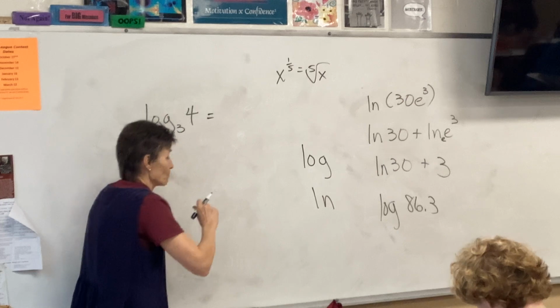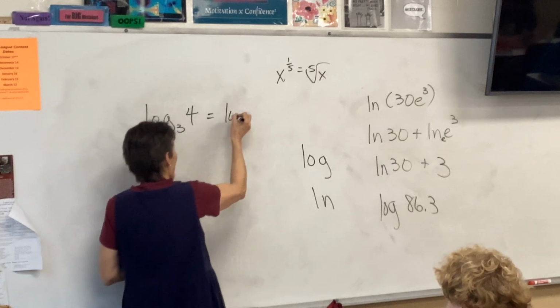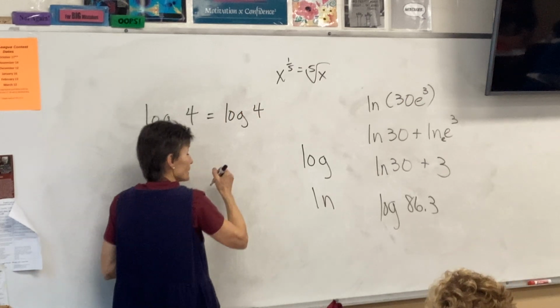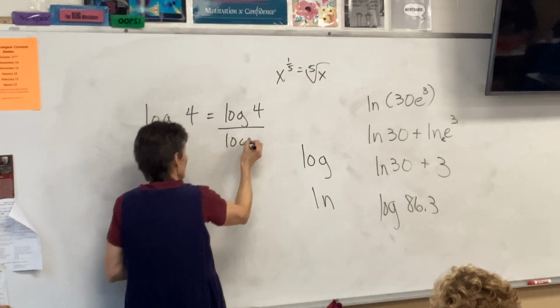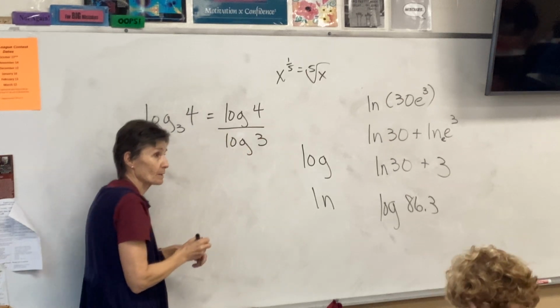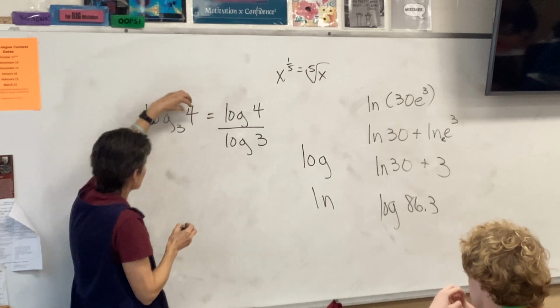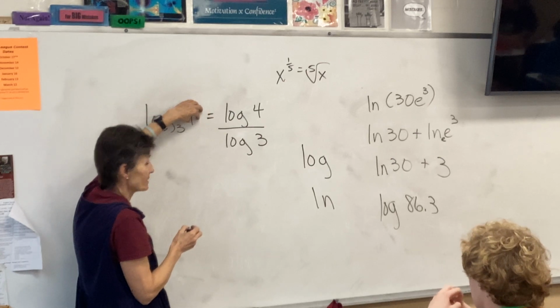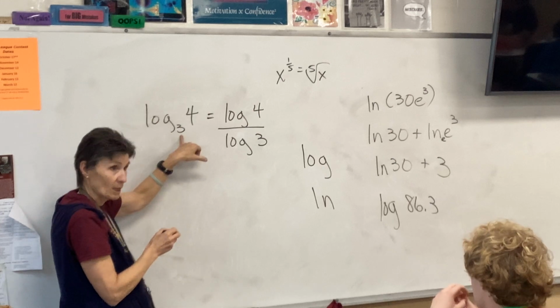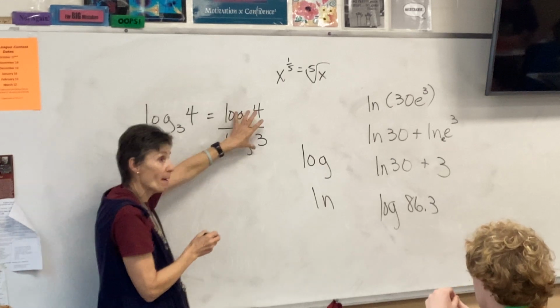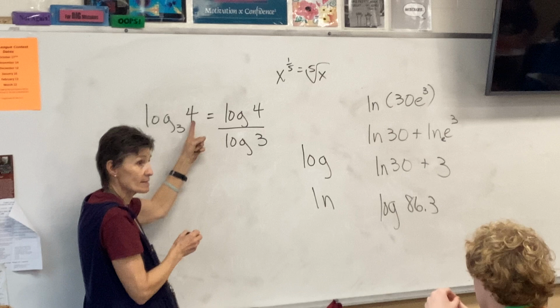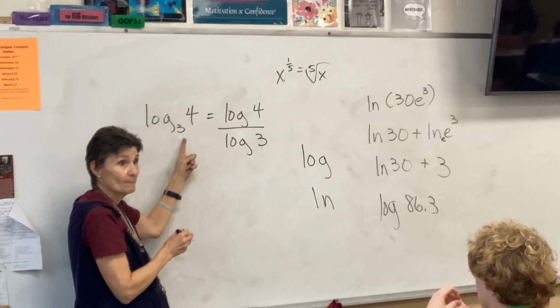Let's do log. So take the log of 4 and divide it by the log of 3. See how when I wrote this original expression, the 4 is kind of above and the 3 is down below? That will help you remember it's the log of this divided by the log of this.